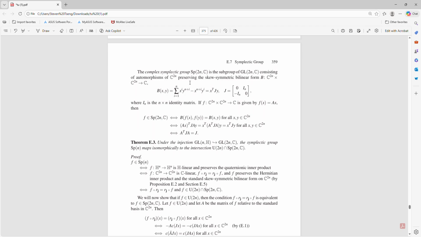And the complex symplectic group Sp(2n, C) is the subgroup of GL_2n(C) preserving the skew-symmetric bilinear form, like this.